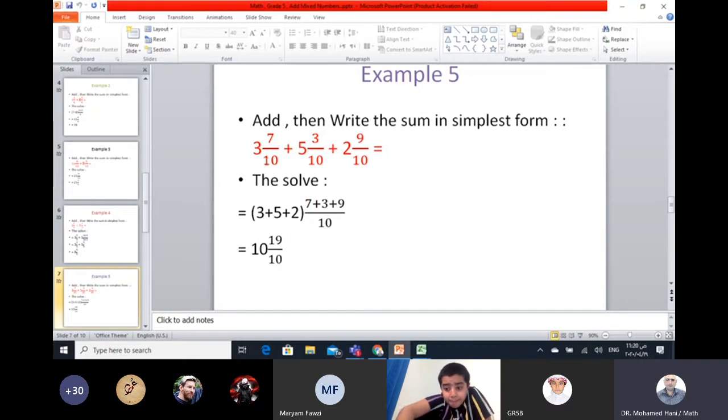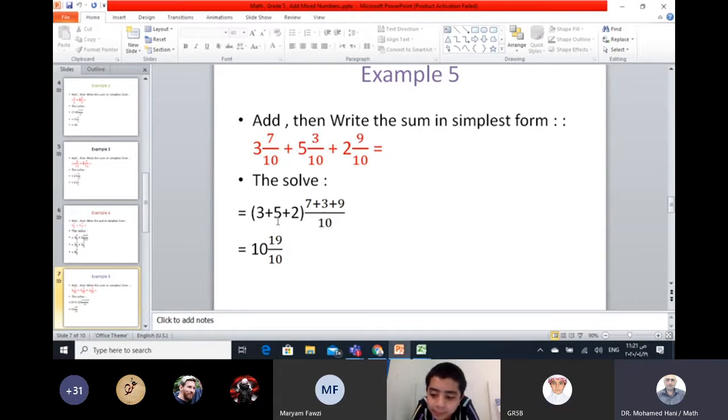How? Add the whole numbers at the first: 3 plus 5 plus 2. Then you can add the fractions: 7 plus 3 plus 9. And here we have the same denominator.